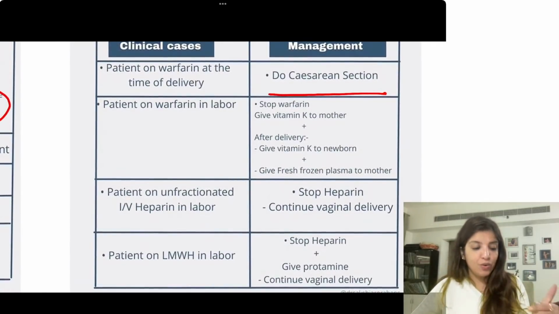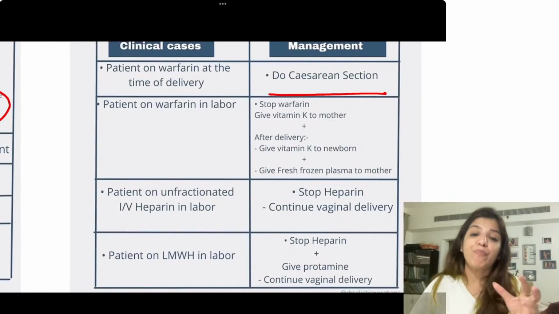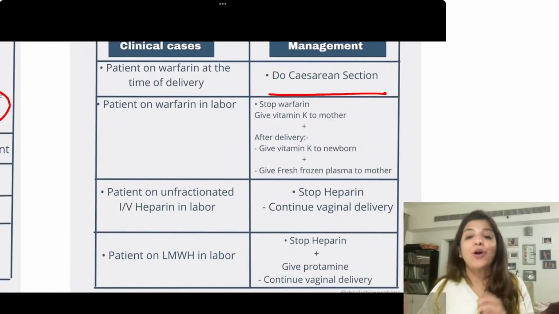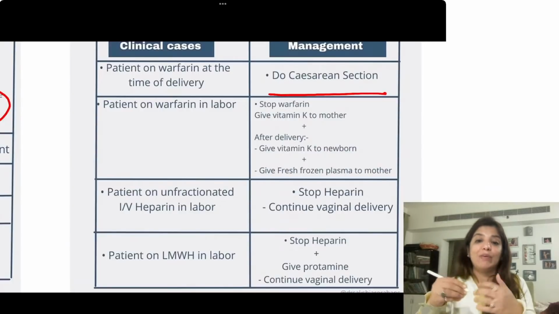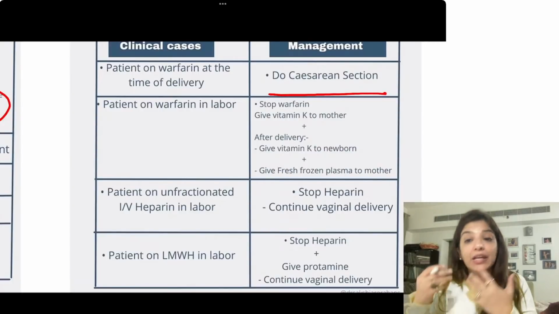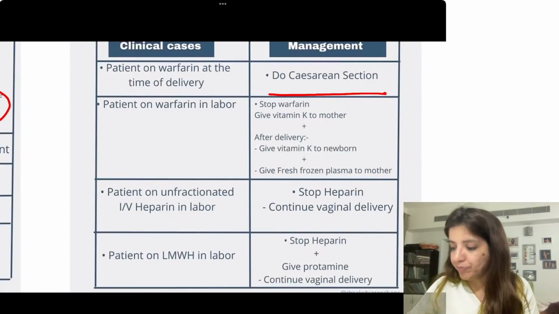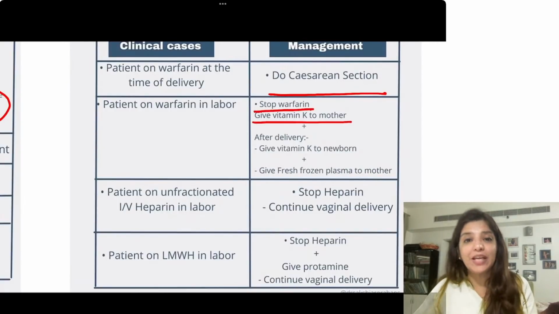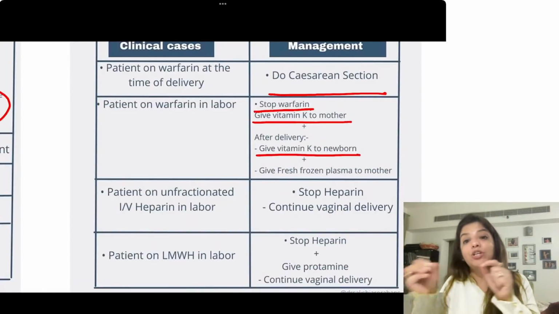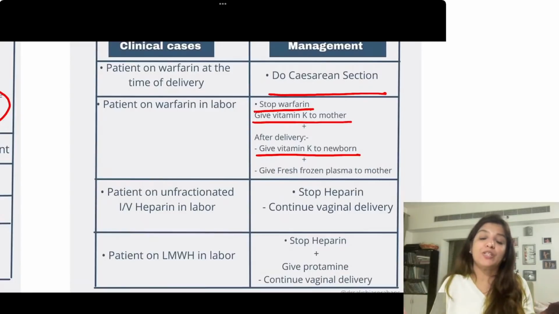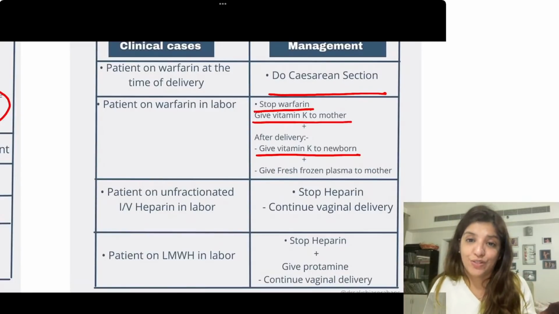But you are asking me, ma'am, what if the patient is coming at the time of labor? Now, if the patient is coming at the time of labor, she is already dilated. Now, what to do? I am going to stop warfarin. I am going to give vitamin K to the mother, and after delivery I am going to give vitamin K to the newborn baby also, because the patient is already dilated. Now I am not going to take her up for cesarean section. Whatever harm had to be done is already done.